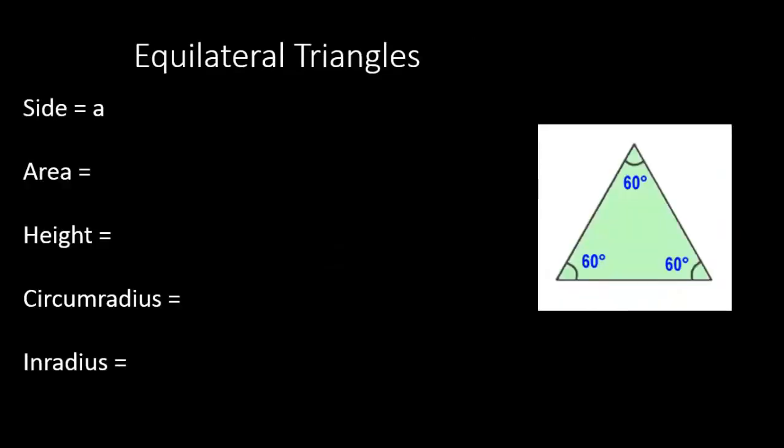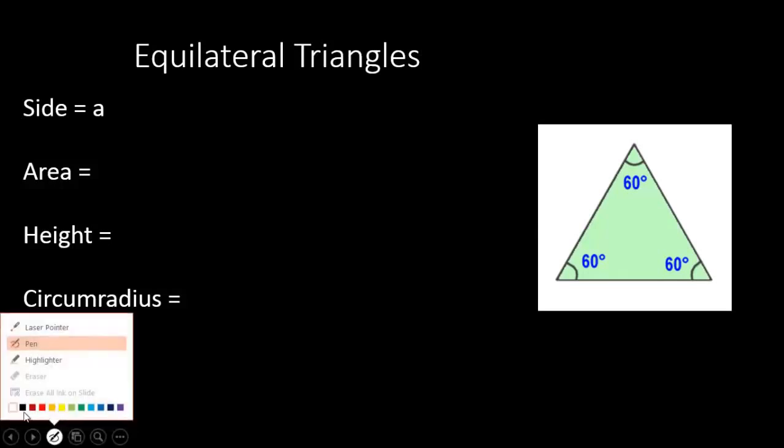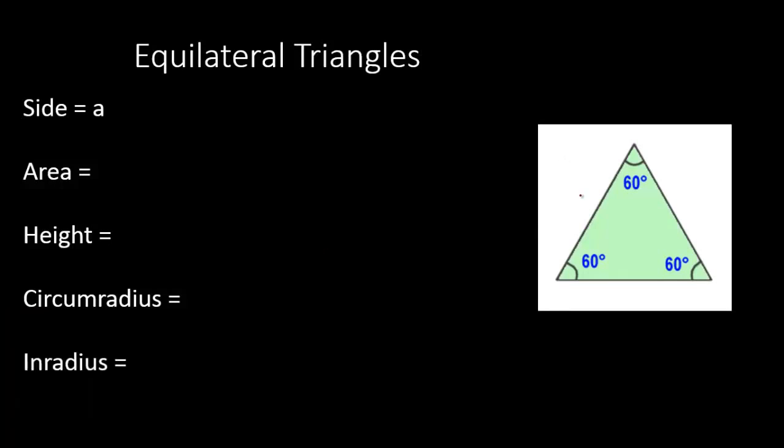Alright, one of my favorite triangles, which is the equilateral triangle. So let's go ahead and try to find some relationships, to make your life a little bit easier, because mostly equilateral triangles are the triangles which are tested. As I said, in an equilateral triangle all 3 sides are equal and all 3 angles are equal. So if this is side a, that would be side a, and that would be side a.